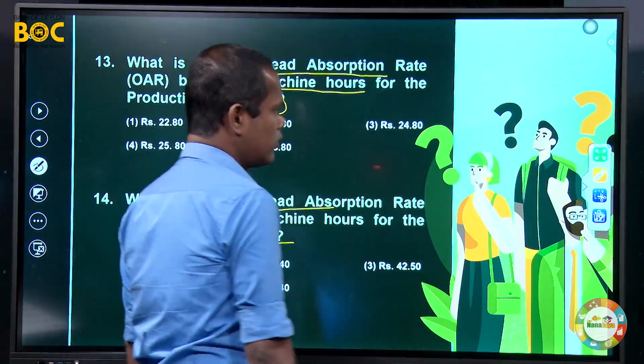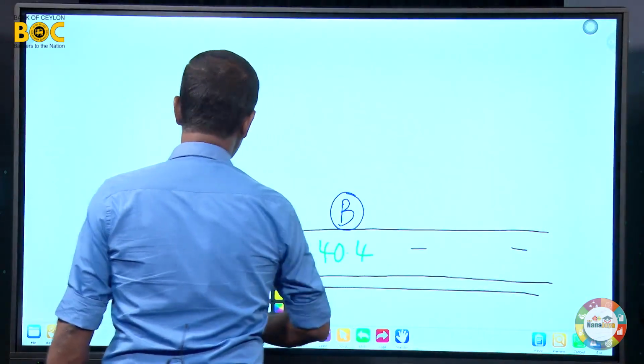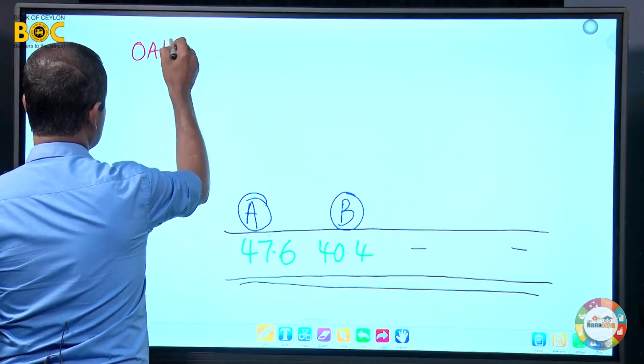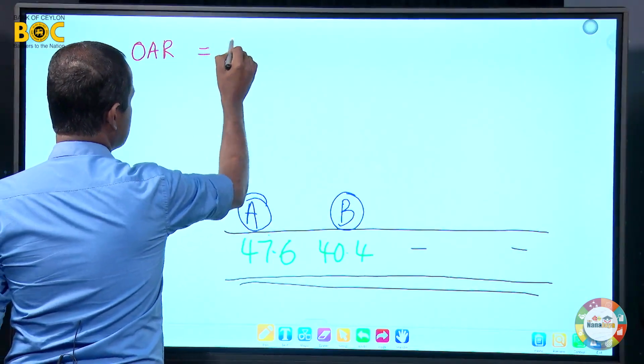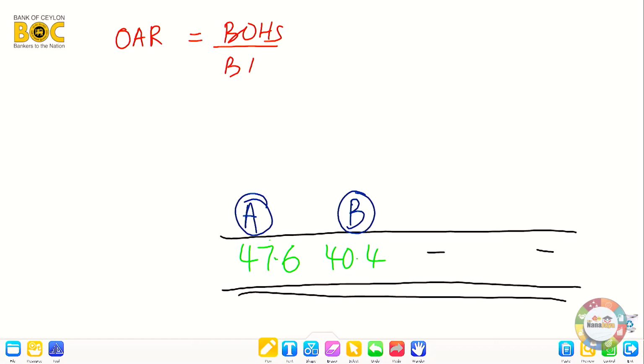So what's the absorption rate? The overhead absorption rate is equal to budgeted overheads divided by budgeted basis.